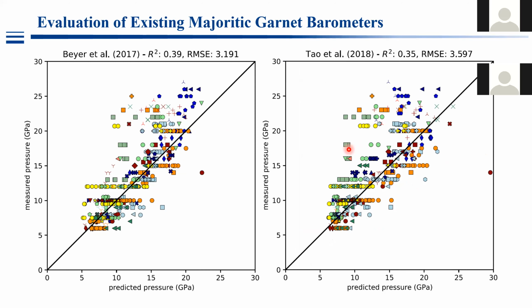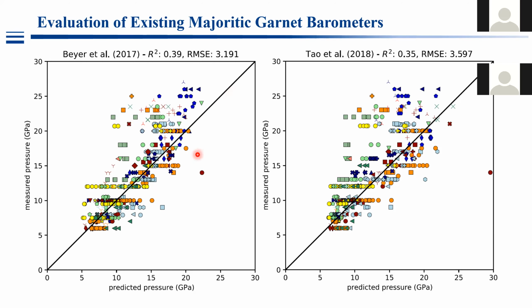The x-axis is the predicted pressure, and the y-axis is the measured pressure, and this line is the one-to-one line.